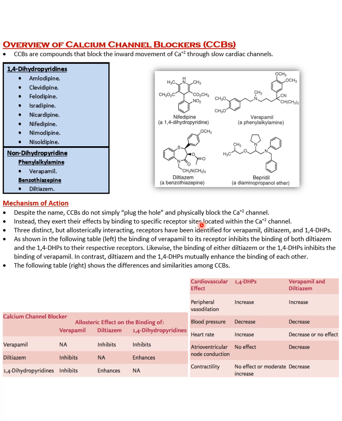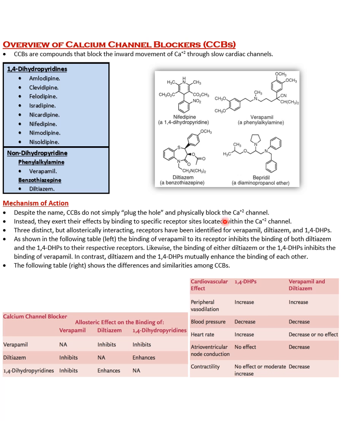You probably have seen in Dr. Basil's notes that there are two types of receptors, the L and the T. So the L, as in Larry type, are the only ones where we have drugs available. The T, as in Tom, T type, we don't have any drugs designed for it.